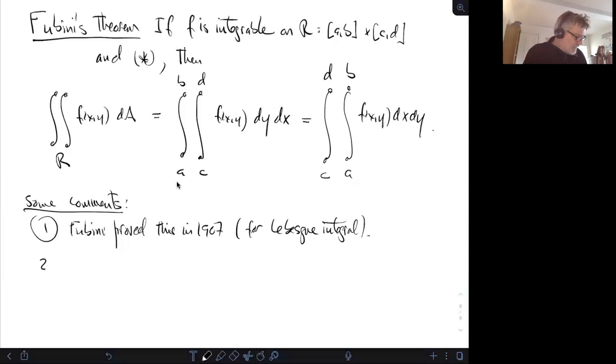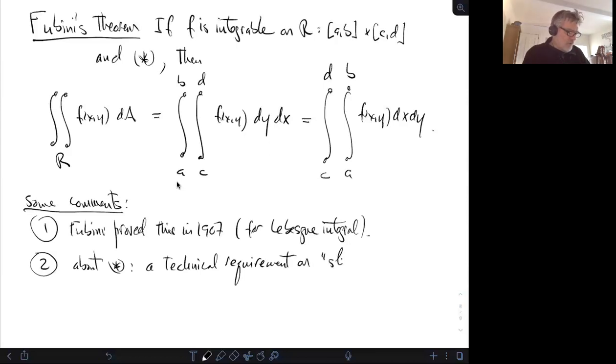The second thing about the star. This is a technical requirement on the slice functions, which I'm not going to state because it's just way too technical and not interesting.